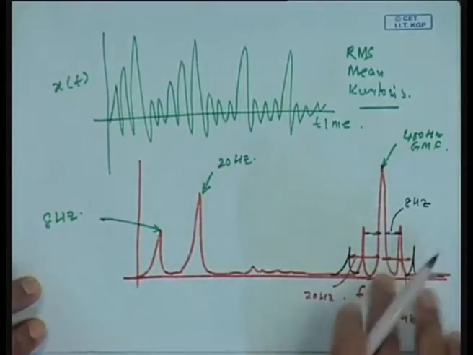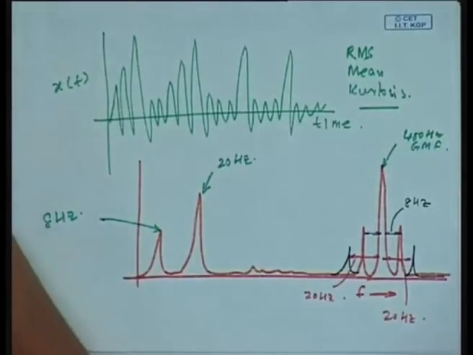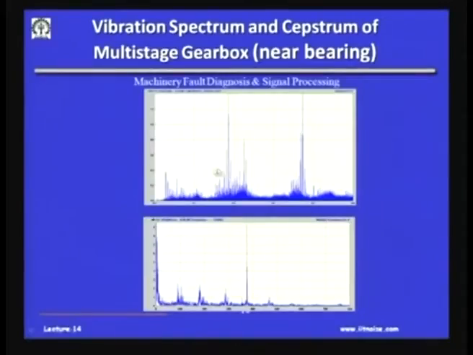Now, this is very nicely drawn here, but if you go back to my actual measurement and this is what it looks like, it will be very difficult for me to find out. I may find out the gear meshing frequencies, but other than the gear meshing frequencies, there will be frequencies coming from the bearings, frequencies coming from many other machineries. So, it is very difficult for me to know whether the sideband is because of a pinion or because of a gear.